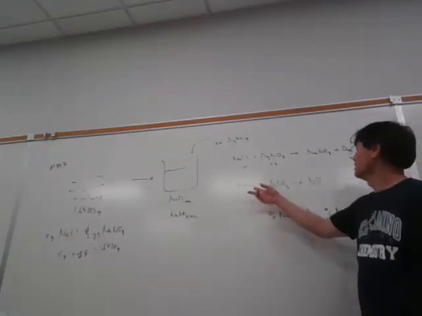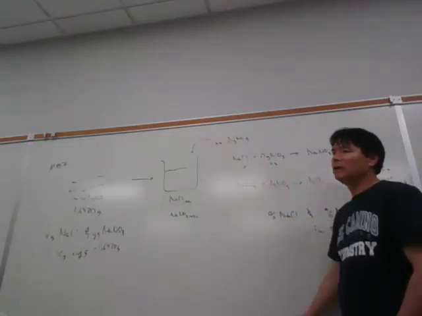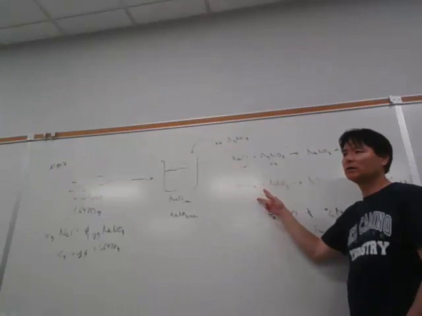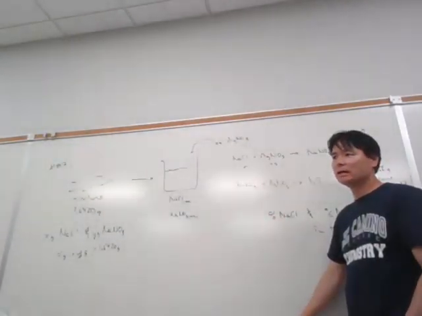This particular problem is a lot easier than the one that I did in class, because in that one, both reactants reacted. This one's a lot easier because A reacts but B doesn't react. In Chem 1A, you're going to get problems where A and B react, and that makes it much more difficult. That's like the problem I did in class.